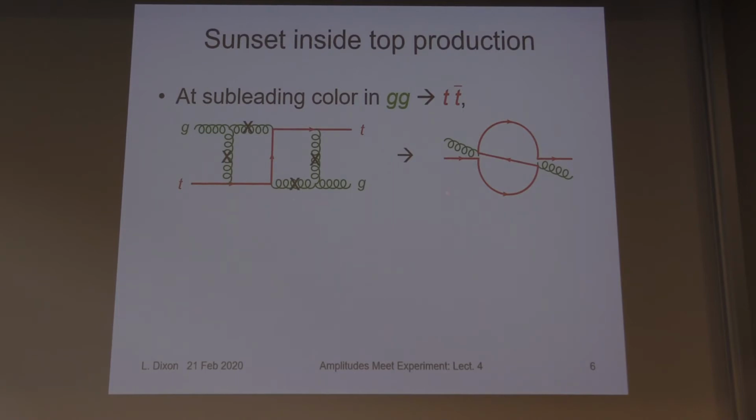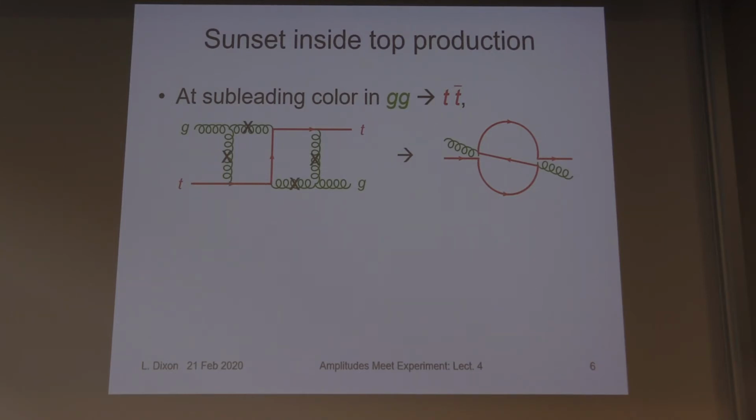So it's not going to be on shell for the top quark, because there's an additional injection of momentum here. There will be some generic invariant S or p squared here, and these masses are all the same. So that's precisely the sunset integral. This integral ends up being a source term for some differential equation for this integral.